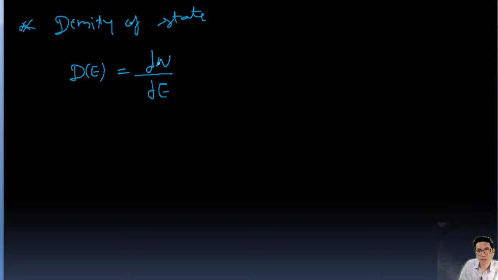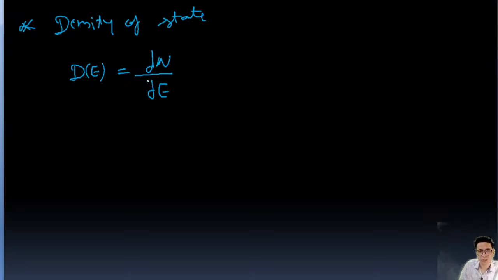Next, density of state. The density of state g(E) is going to be equal to dn upon dE, very important. dn is the number of electrons.